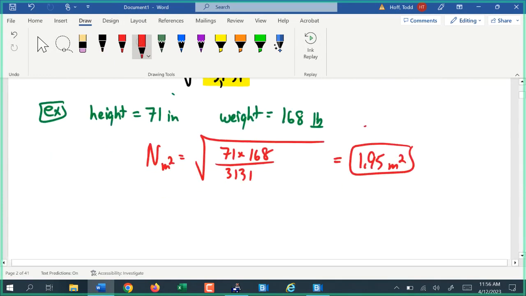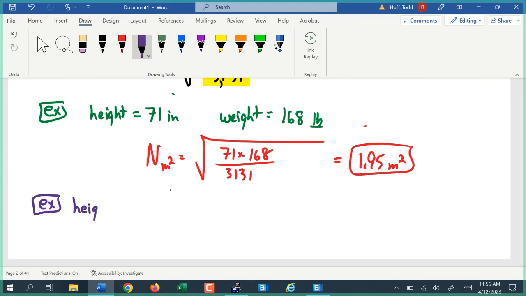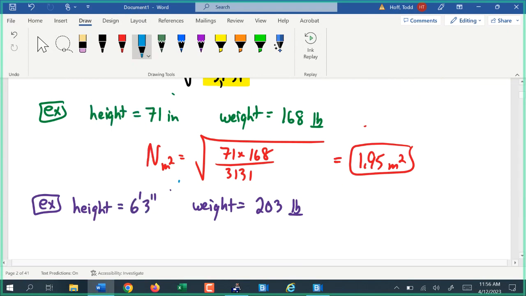I'm going to have you guys try one here in your notes. And once again, I'm going to help you get started because I'm going to do something here again a little bit unfair. We have a patient who's 6 foot 3 inches tall with a weight of 203 pounds. And the one thing I want to help you with to get started here is, again, this 6 foot 3 has to be changed all into inches.